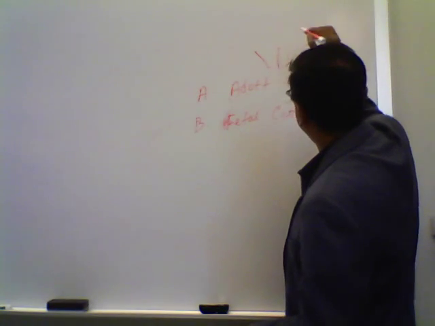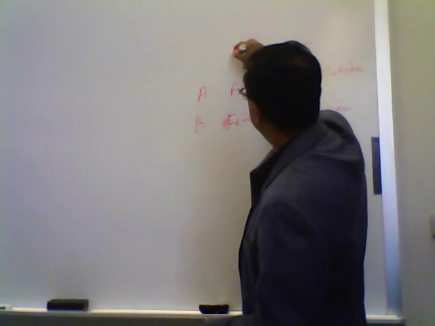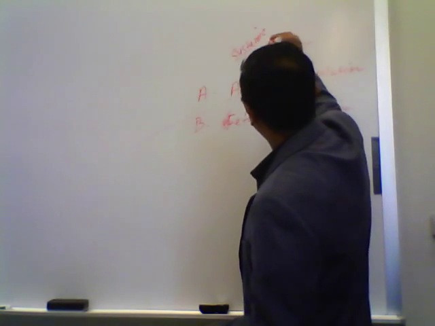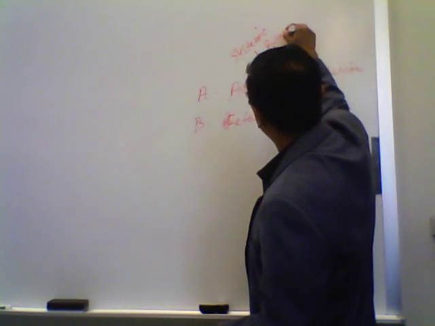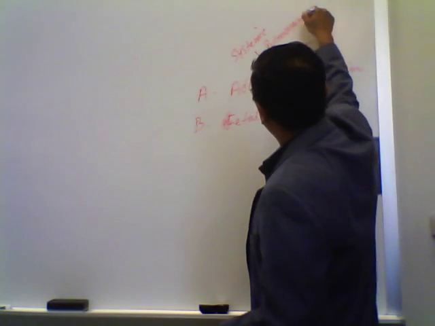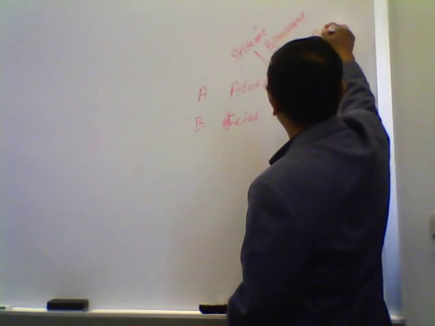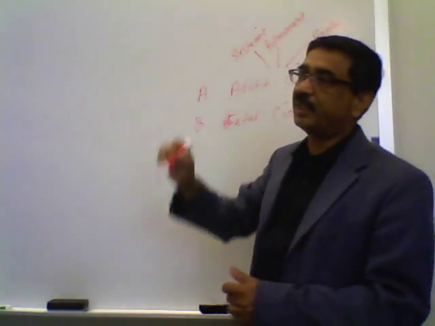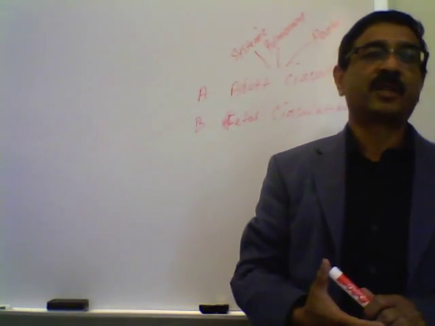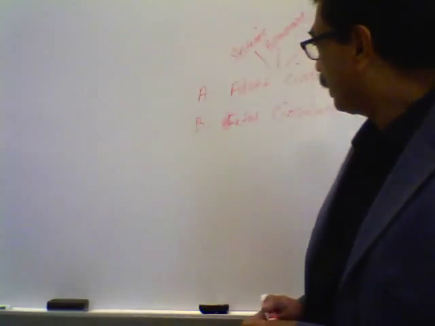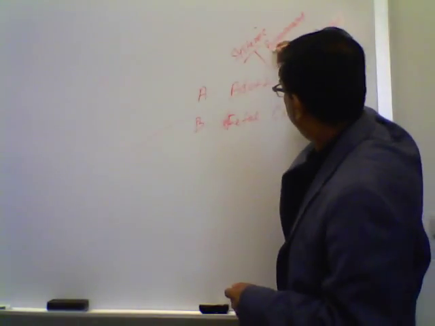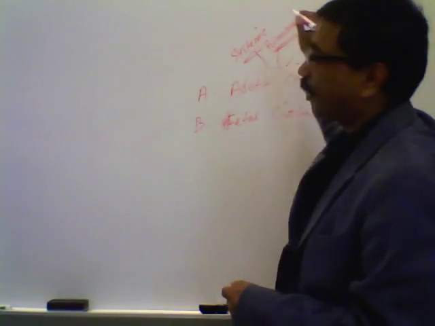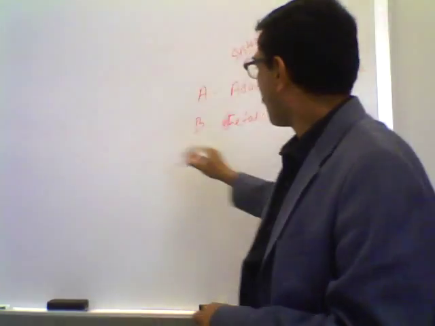We have talked about this before: systemic circulation, pulmonary circulation, and portal circulation or hepatic portal circulation. So those three are adult circulations. In the adult human body, we have those three types of circulation: systemic, pulmonary, and hepatic portal or portal.